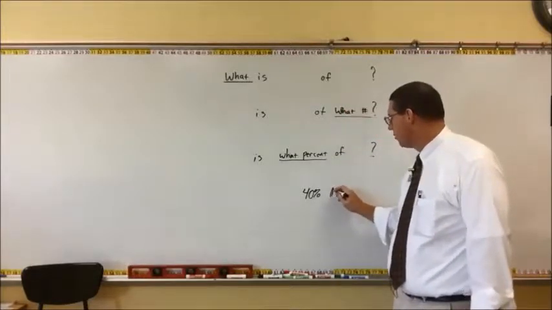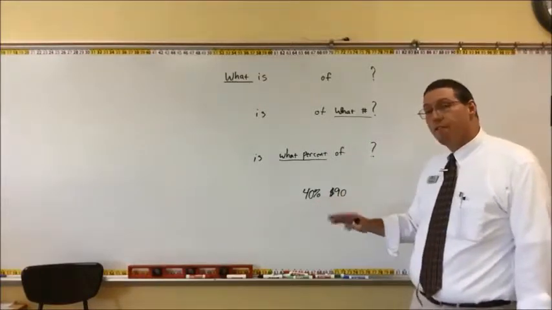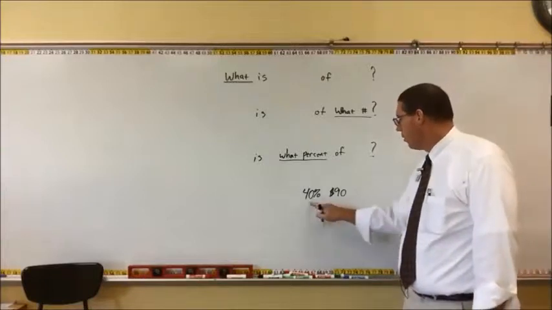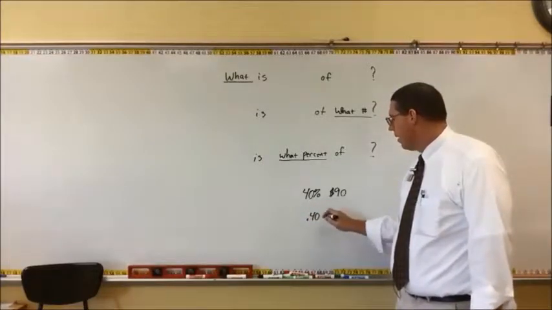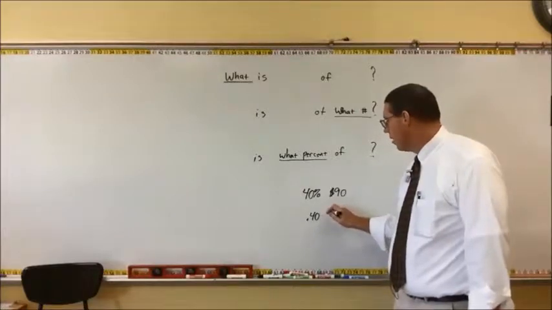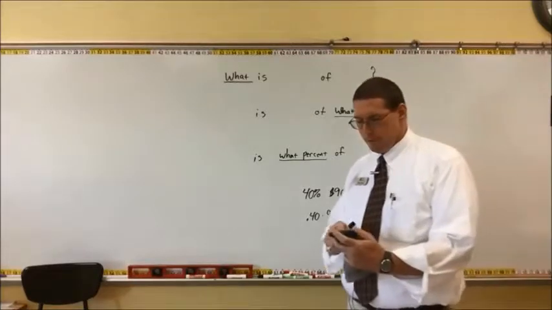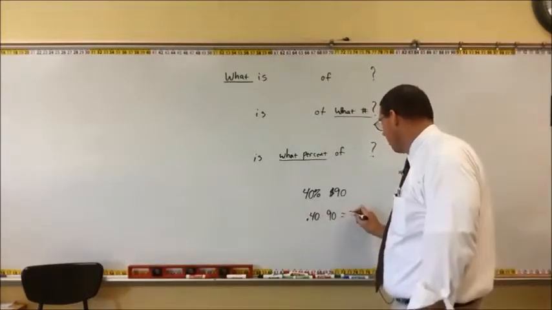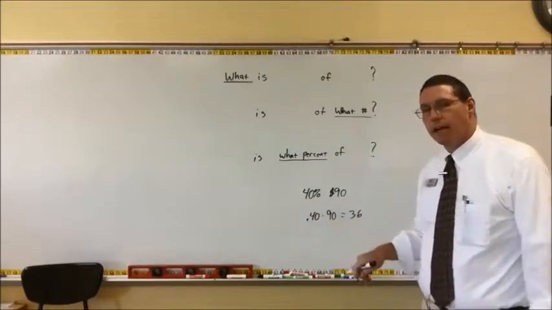To find a percentage of a number, you just multiply. 40% as a decimal is 0.40, and then times 90. If you do that in the calculator, 0.4 times 90, you get 36. So we know that $36 is 40% of $90.